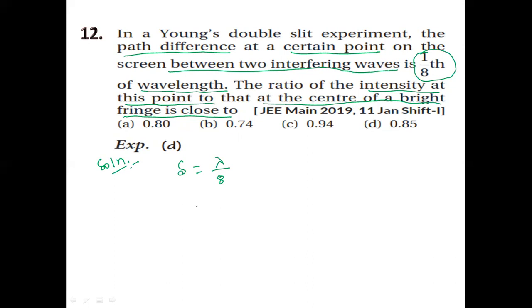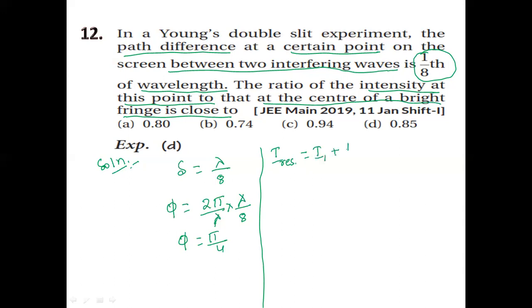Correspondingly, I'll find the phase difference phi, that is 2 pi by lambda times lambda by 8, which is delta. So we get the phase difference as pi by 4. When the phase difference is pi by 4, I am finding the resultant intensity, that is I1 plus I2 plus 2 root I1 I2 cos phi.